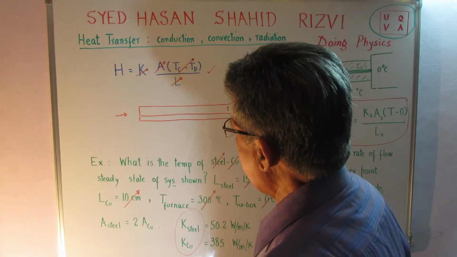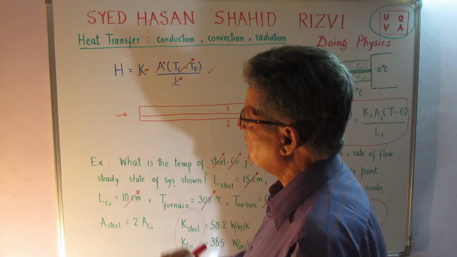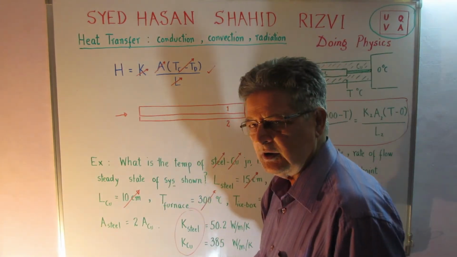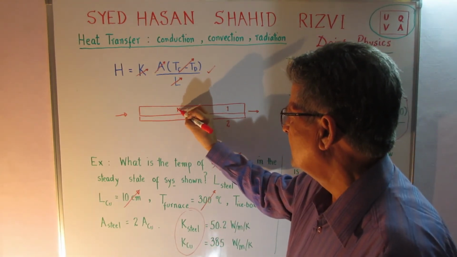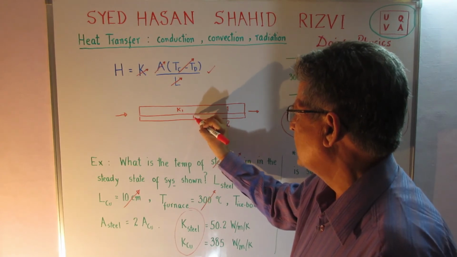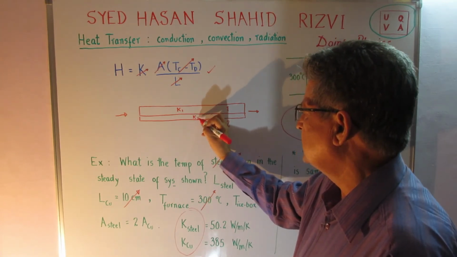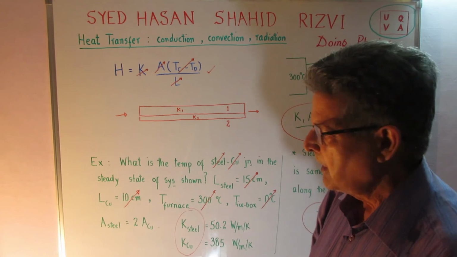We can have a temperature here which can be Tc, and here Td, and I can have K1 and K2 as the conductivities for the 2 rods.